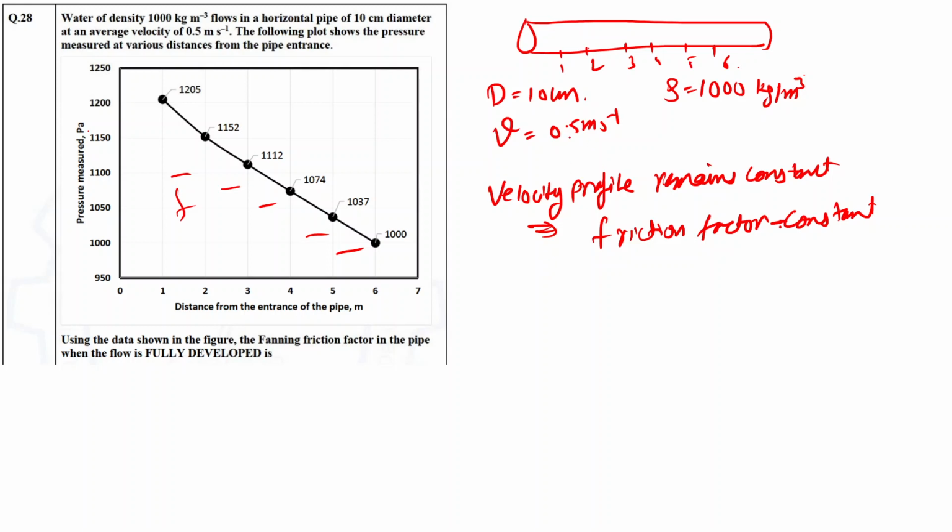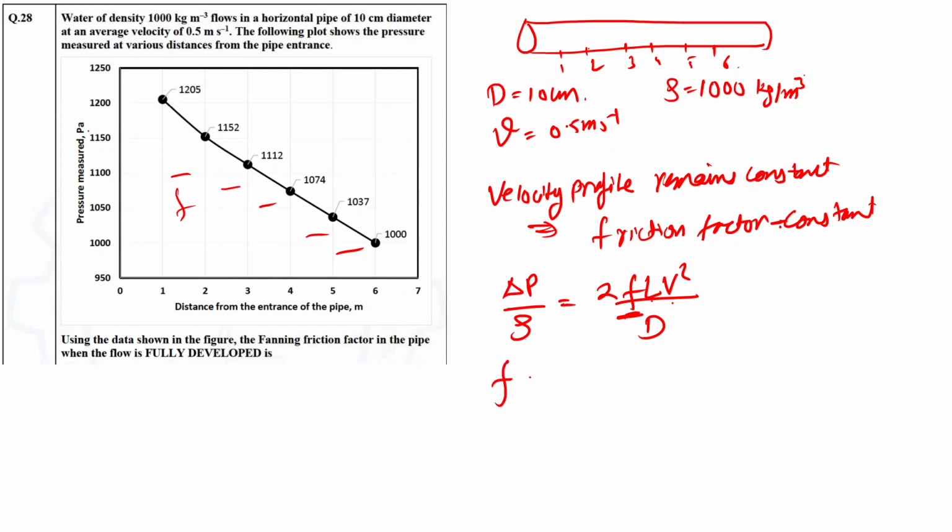So the pressure loss due to this friction, we can write it as delta P by rho is equal to 2FLV square upon D, where F is the friction factor, L is the length of the pipe, or the length of the section, V is the average velocity, D is the diameter of the pipe, rho is the density of the fluid, and delta P is the pressure loss. So this fanning friction factor F we have been asked to find.